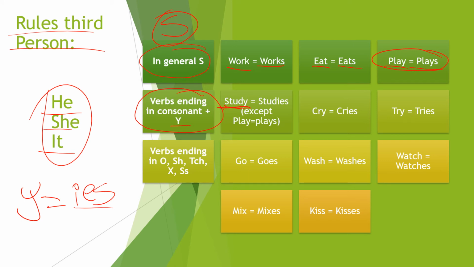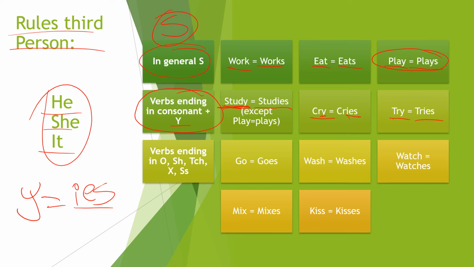Study, studies. Another one, cry, cries. As you can see, this y became ies, and then try, tries. That's the second rule.